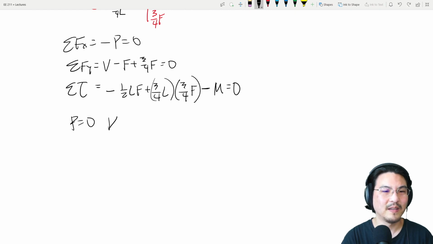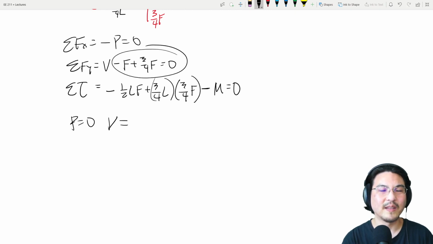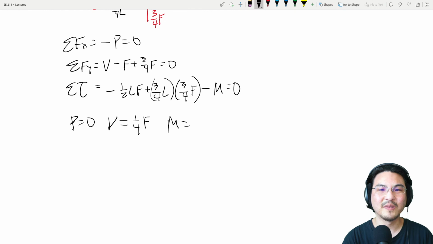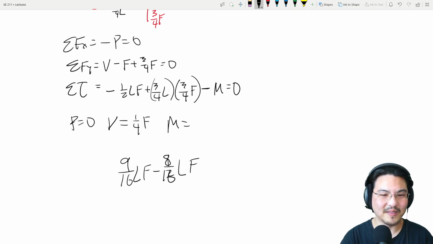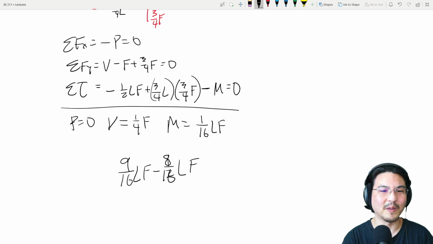V is F minus 3/4 F, 1/4 F. M equals, this goes on the other side, all of this. Okay, so that's 9/16 LF minus 1/2 LF. 1/2 is like 8/16, so that's 1/16 LF. And there we go.